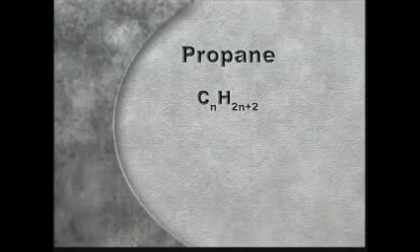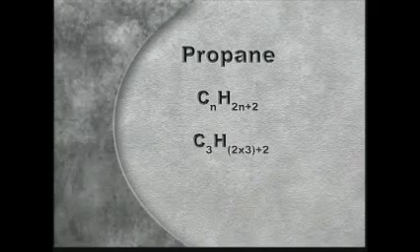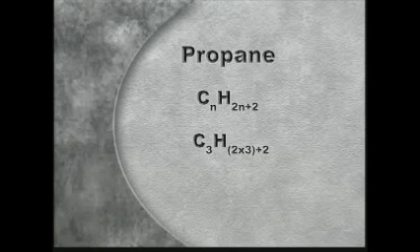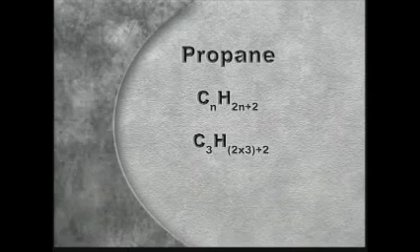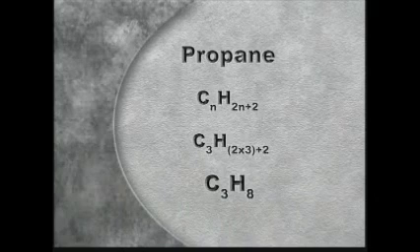That means that using the formula CnH2n+2 gives us a subscript of 3 for carbon. The subscript for hydrogen is found by multiplying 2 times 3, which gives us 6, and adding 2. We find that the subscript for hydrogen is 8. Propane's formula is C3H8.